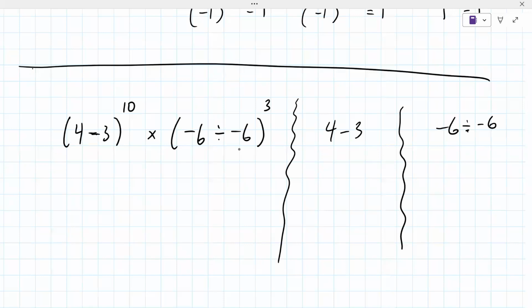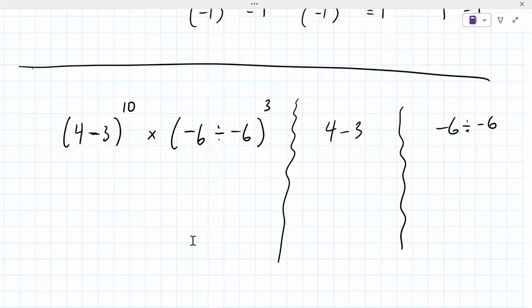Six, 5, 12, 12, so 12, 4. I subtract 4 equals 2, so 12, -6 divided by -6, 3.